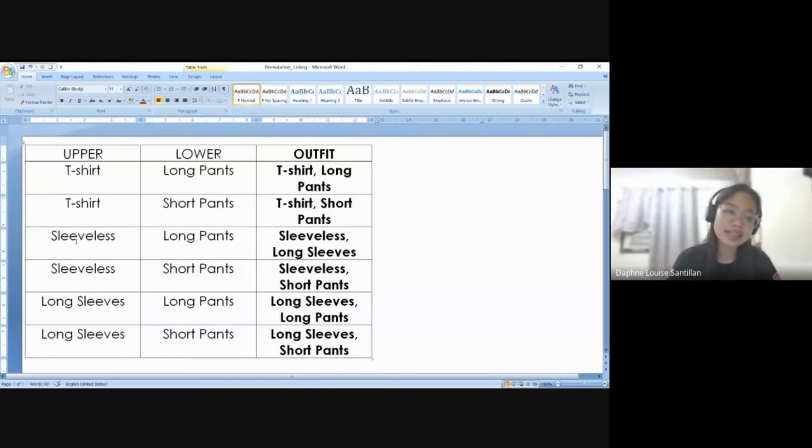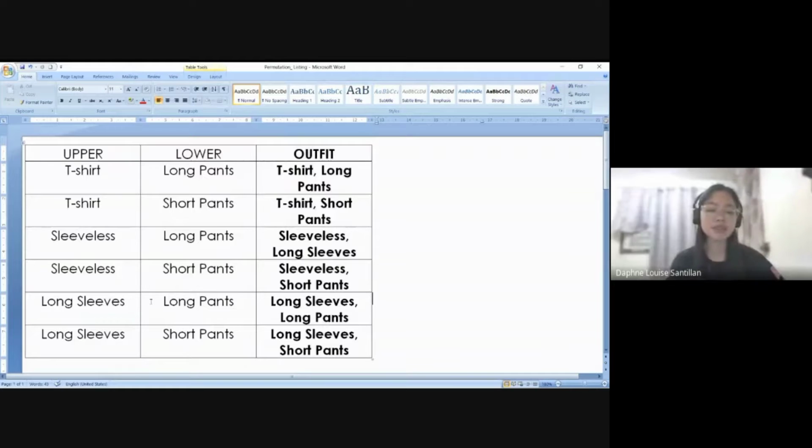Sleeveless and long pants, the outfit will be sleeveless and long pants. Sleeveless with short pants, sleeveless and short pants.